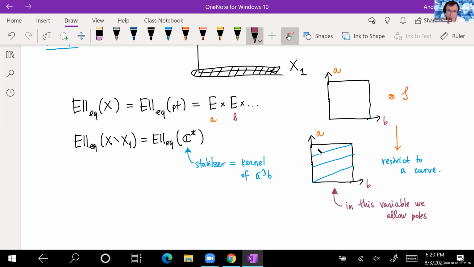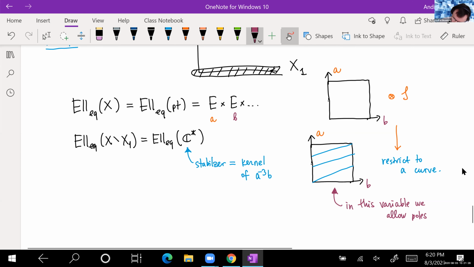Right, so since we allow poles in B, might as well assume we evaluate at a point in B, and so then it's a question in that variable. If I have a line bundle of some degree on the elliptic curve, when can I interpolate in 3 points? Well, if it's a line bundle of degree 3, then in general I can interpolate.